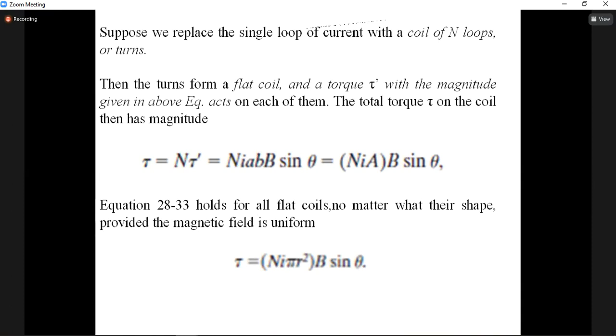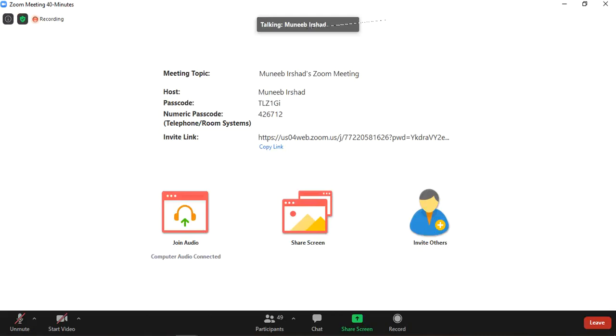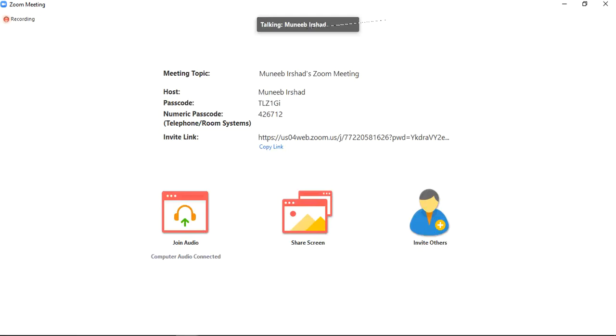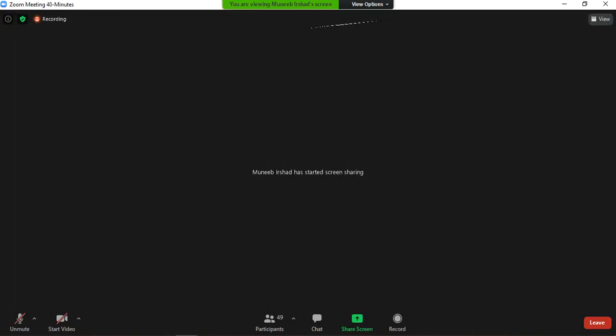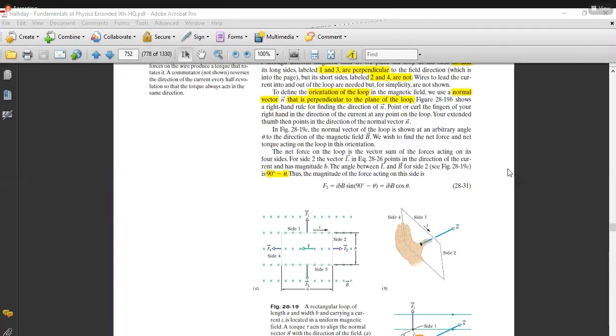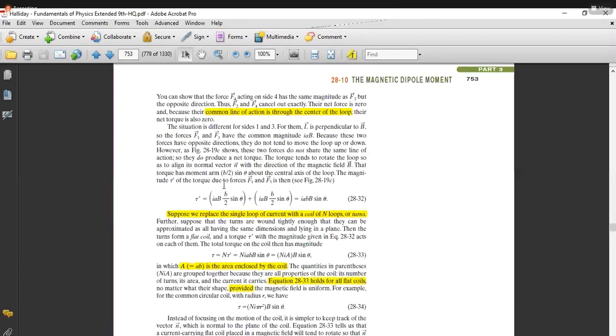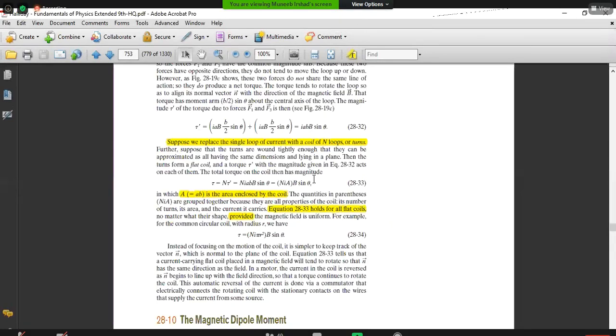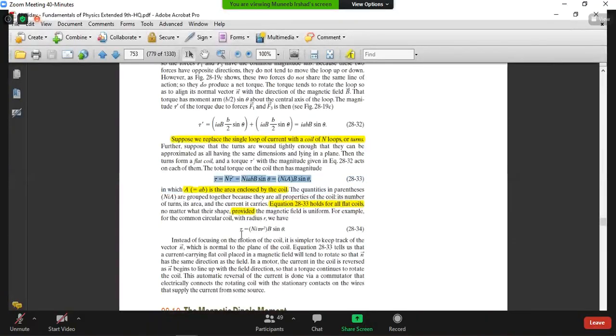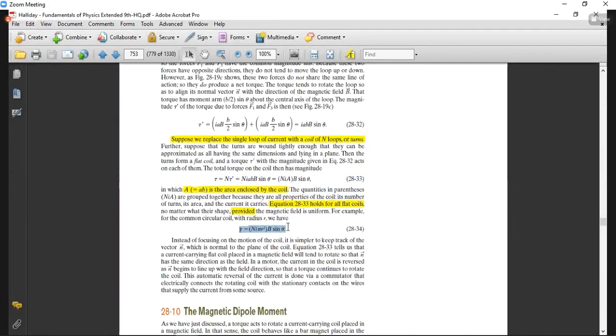So beta, this was your article for today. Now I will show what the book has done. They have calculated the same phenomena here, this one and this one.